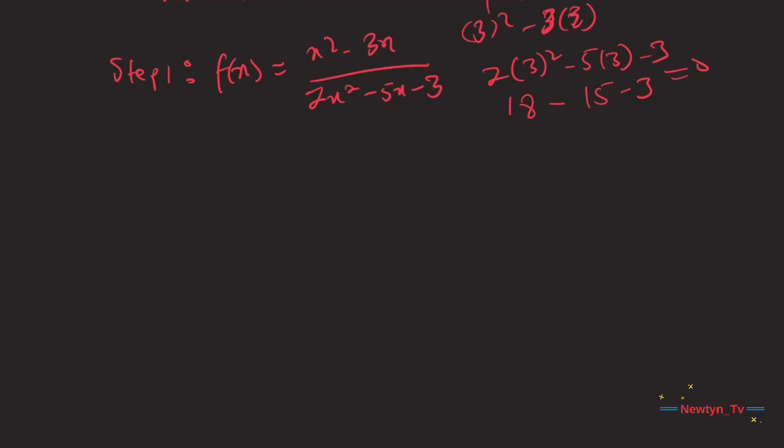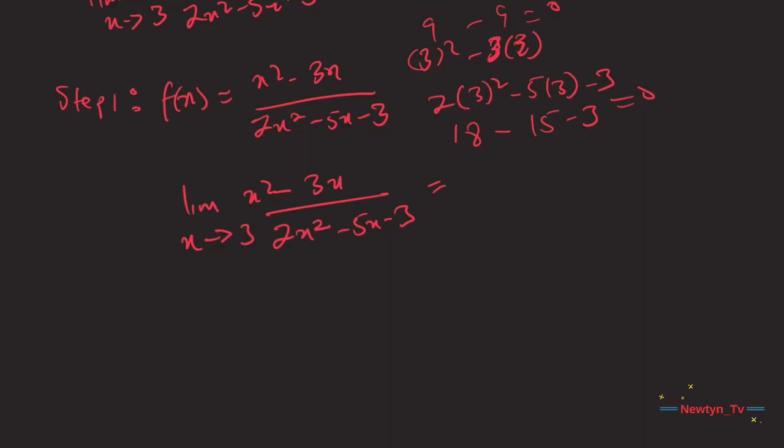We write the limit of x squared minus 3x over 2x squared minus 5x minus 3 as x approaches 3, which will be equal to the limit. Then we have to bring x out, so x into bracket x minus 3, as x approaches 3.